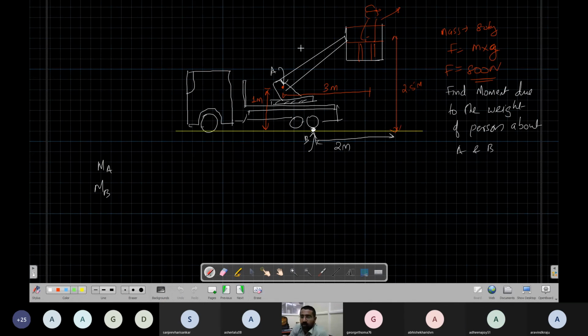So I'll tell you how to find it. Okay, let's say the weight of the person is acting here, at the center. So this is 800 Newton. Now this is 300. I'll take these two points. For clarity, I need 800 also.